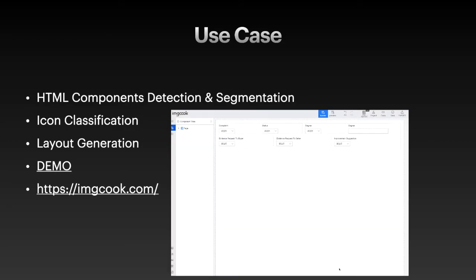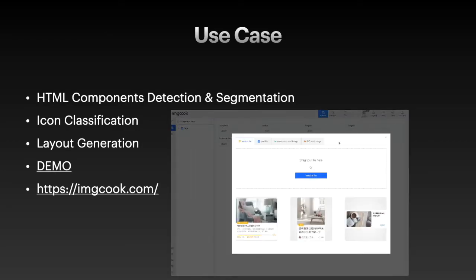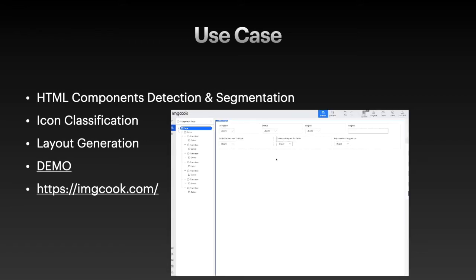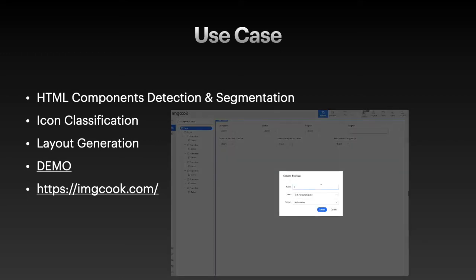One use case in our internal community combines HTML components detection, segmentation, icon classification, and layout generation. And we made a product called ImageCook. The essential feature of the product is that we can feed a screenshot and get the code output directly.